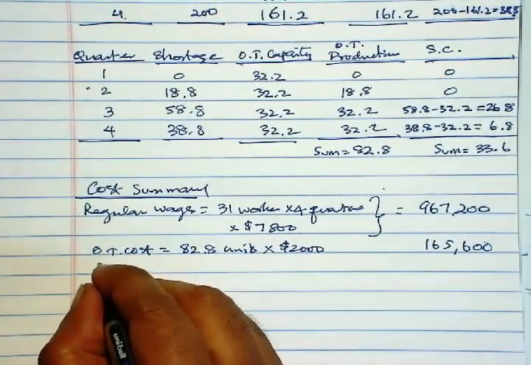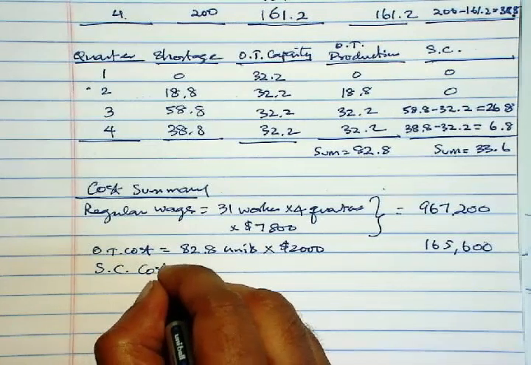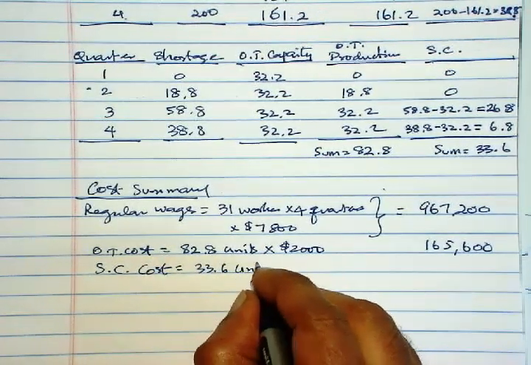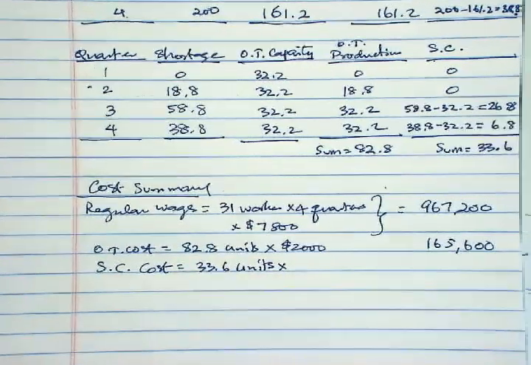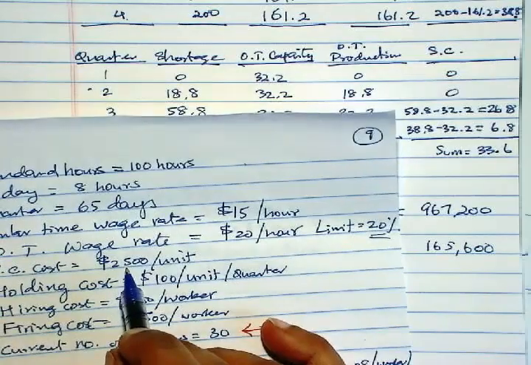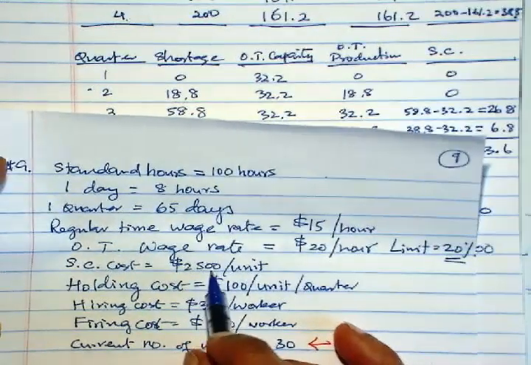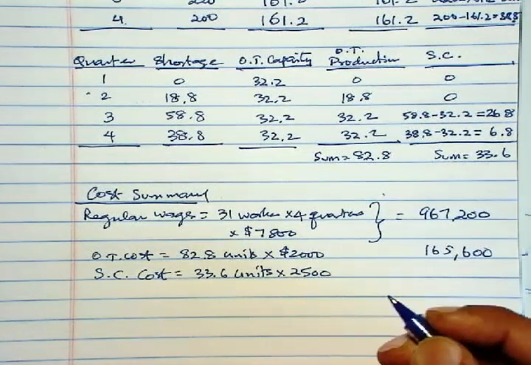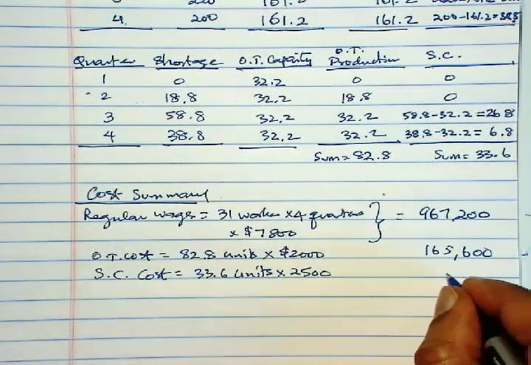Now subcontracting cost is 33.6 units times subcontracting cost is given as $2,500 per unit. So multiply by 2,500. So that will give us 84,000.